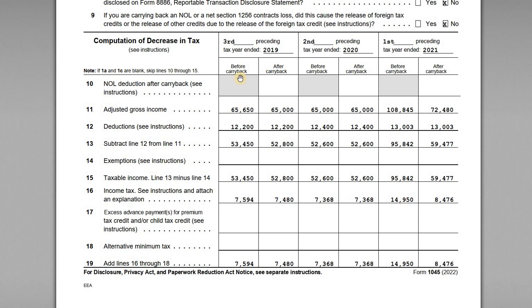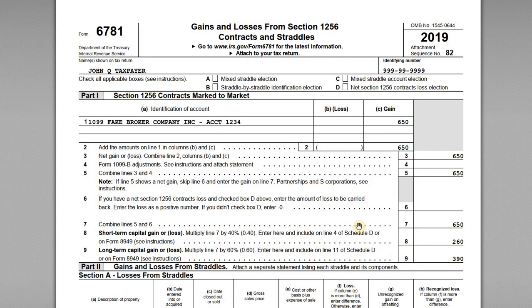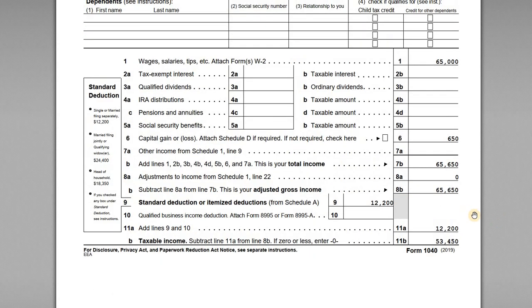And then it has 2 columns for each year, right? So before the carryback and then after. So before carryback for each year, these numbers should just flow through from your original return that was filed, right? So for example, if we look at the 2019 tax return, if we go to John's page 1 here, the key numbers we're after are adjusted gross income, so line 8B.